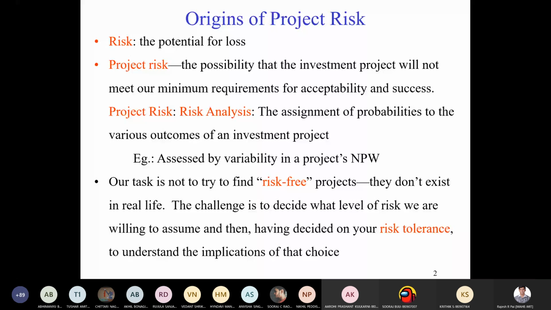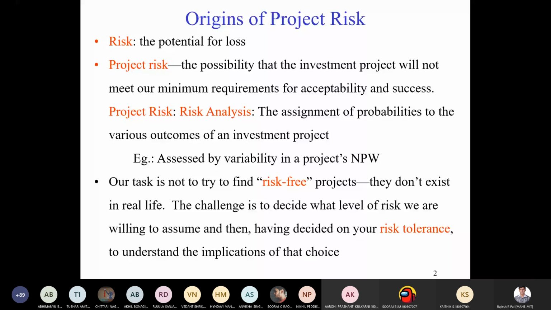So our task is not to try to find risk free projects. They don't exist in real life. There is no risk free project as such. The challenge is to decide what level of risk we are willing to assume, and then having decided on your risk tolerance, to understand the implication of the choice.